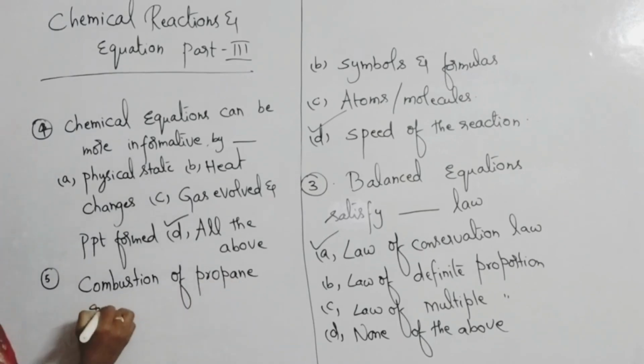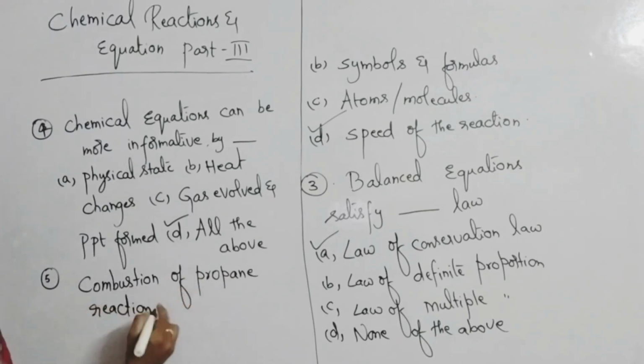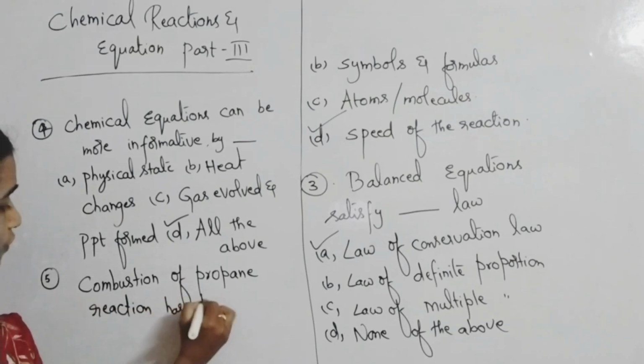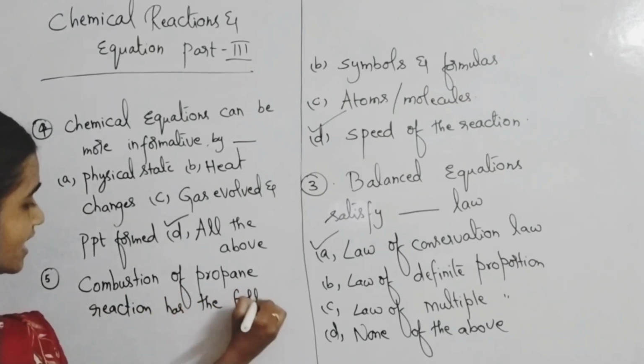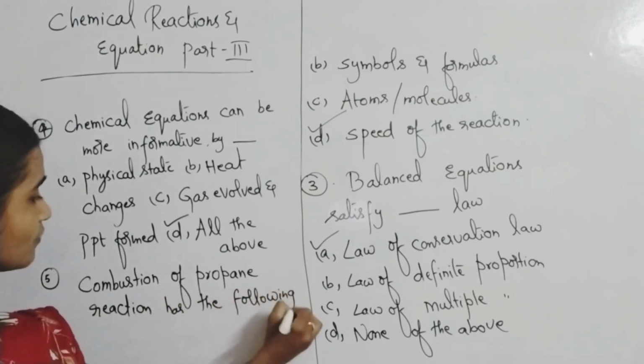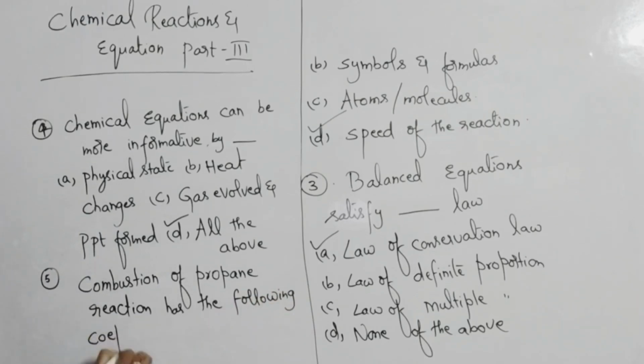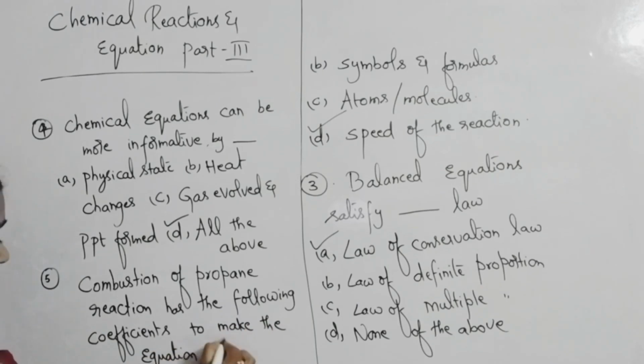Combustion of propane reaction has what coefficients? Combustion of propane reaction has the following coefficients to make the equation balanced. Following coefficients means the coefficients of reactants he is asking, to make the equation balanced. Please understand the question carefully here.